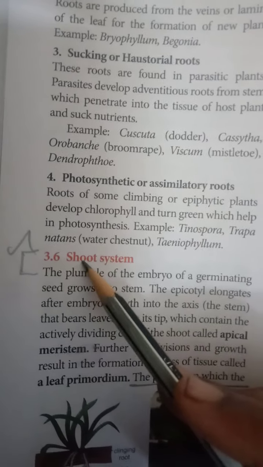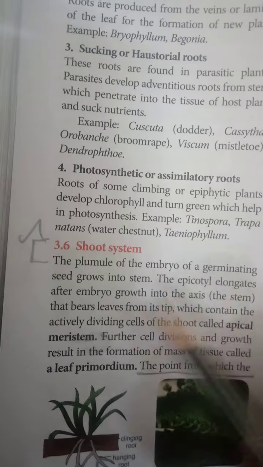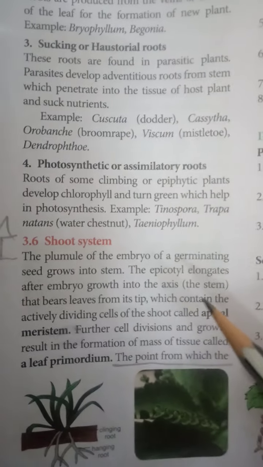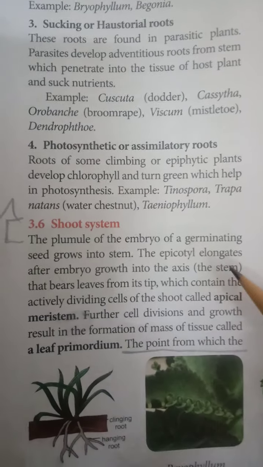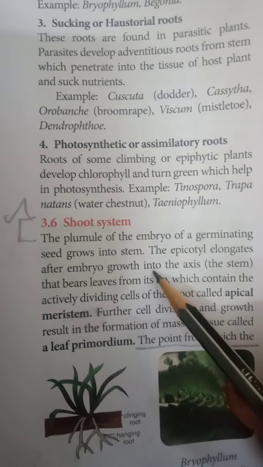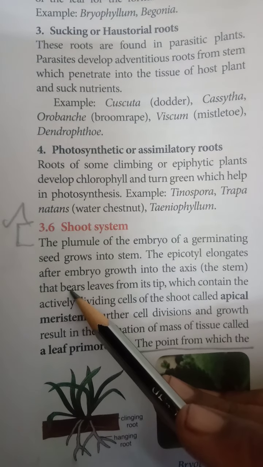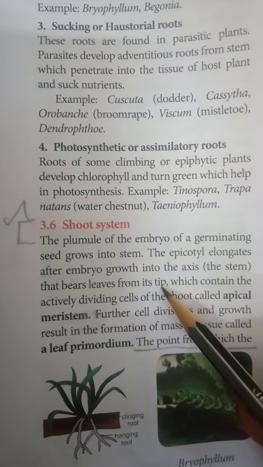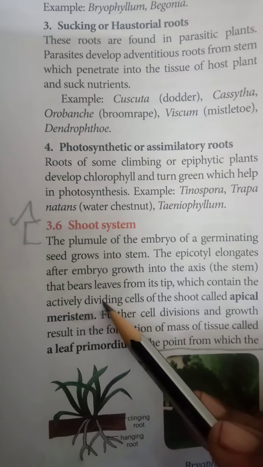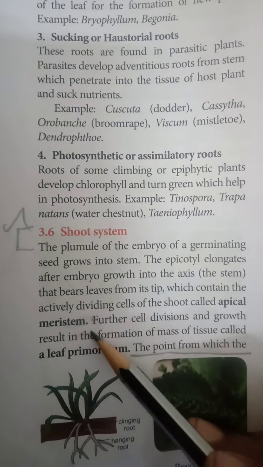Next we see the shoot system. The plumule of the embryo of a germinating seed grows into the stem. The epicotyl elongates after the embryo grows into the axis, the stem that bears leaves. The tip, which contains the actively dividing cells of the shoot, is called the apical meristem.